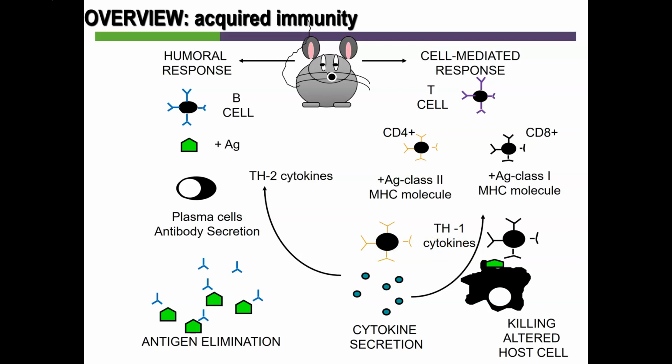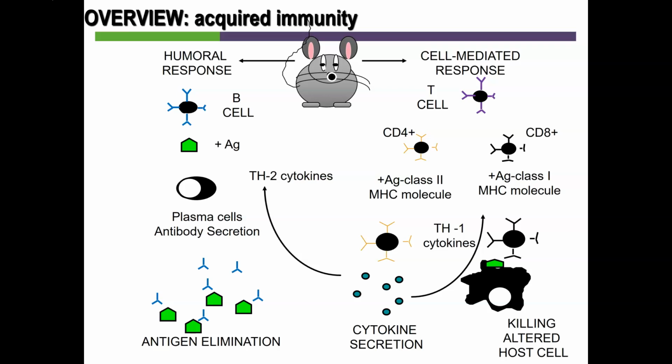How do you activate a helper T cell? Helper cells are CD4 positive. Their TCR has to come in contact with epitopes presented with class 2 MHC, which remember are on antigen presenting cells that are phagocytes or B cells.